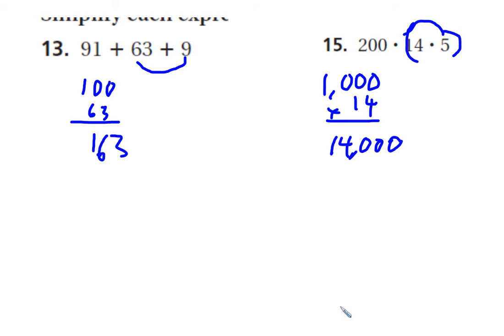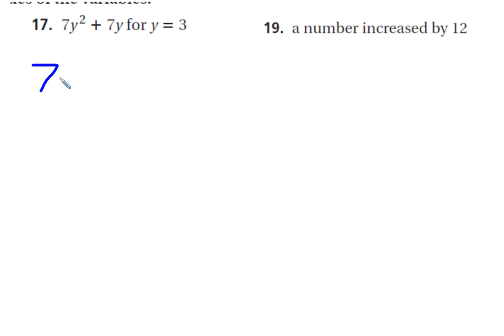So let's see here. Now I have to put 7 times 3 to the second plus 7y. So we'll go ahead and, kind of sloppy writing there. I'm doing this kind of quickly here. Sorry about that. I'm just going to get my calculator out.